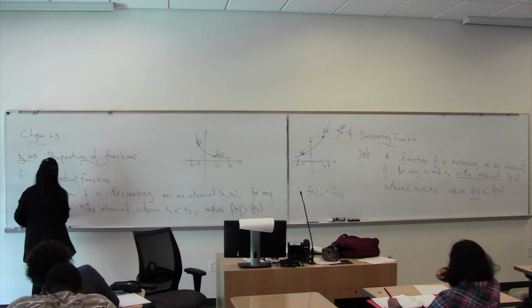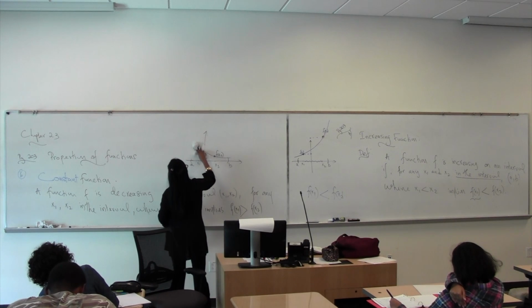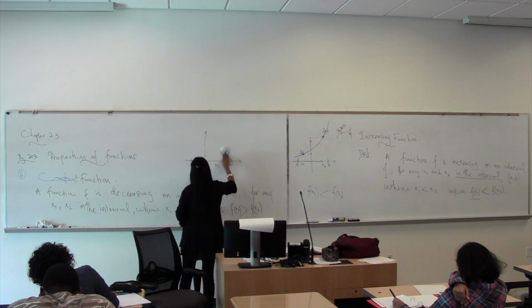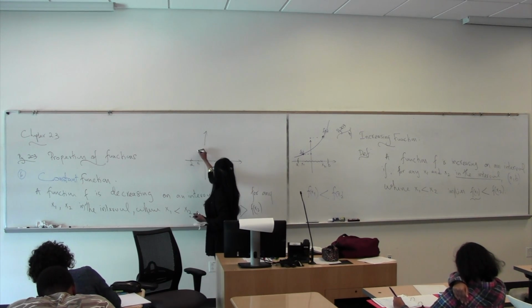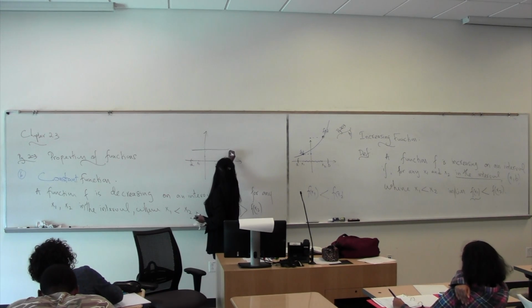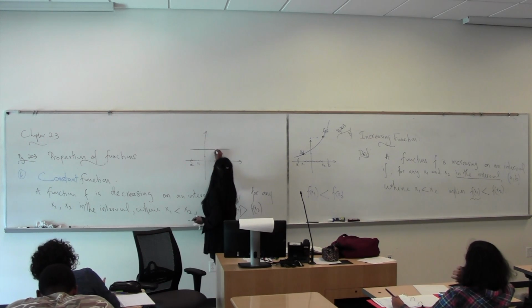What does constant function mean? It's the same thing: when the x values are increasing within an open interval, what is the y value supposed to be? Constant. Y values are the same. So this is a constant function.